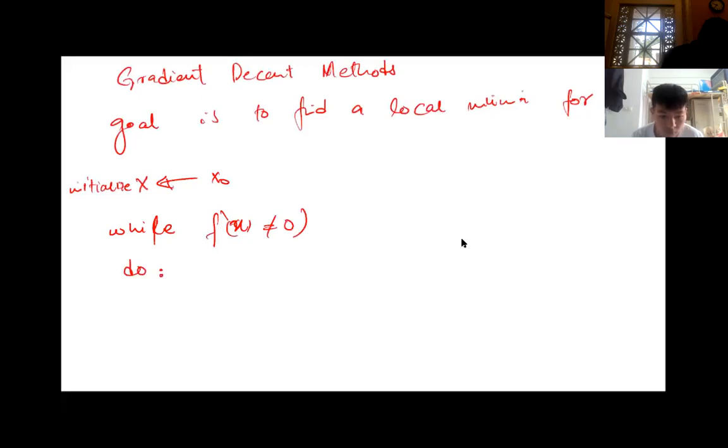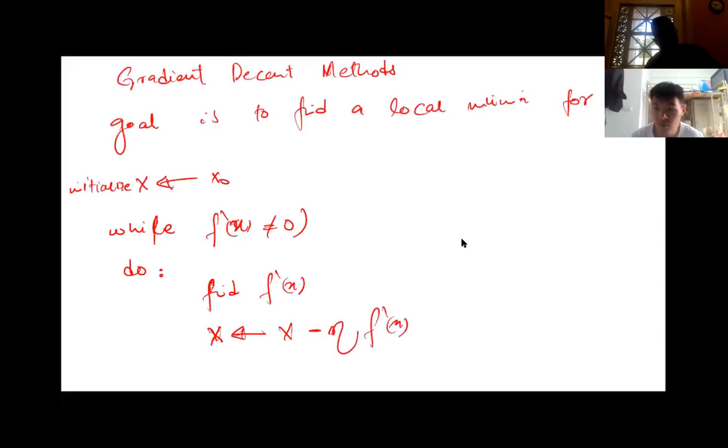You calculate the derivative of f with respect to x, and update x as x minus f prime of x. So what is this doing? What does the gradient represent?